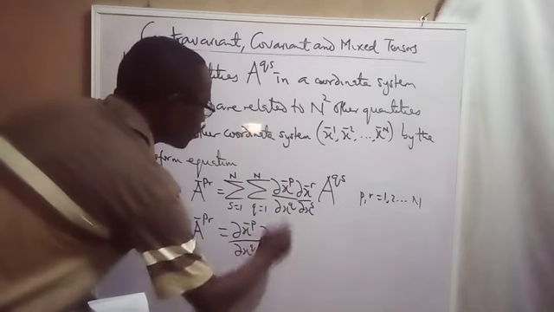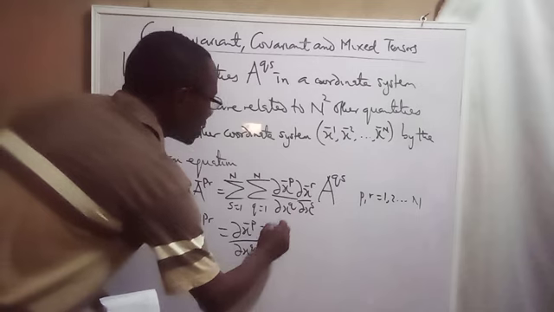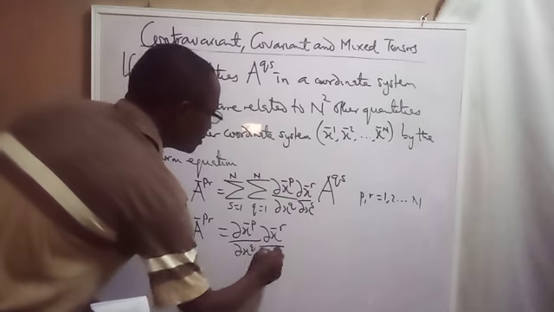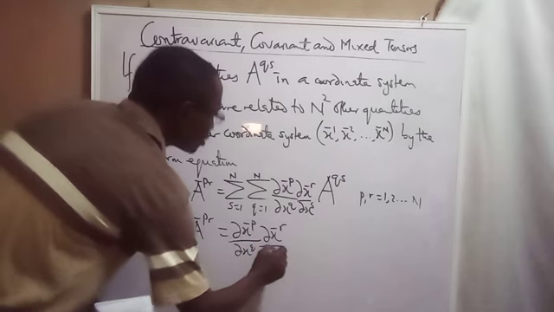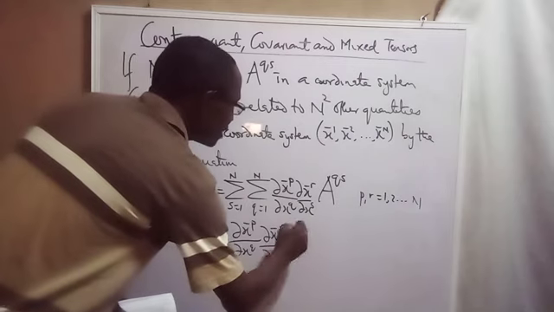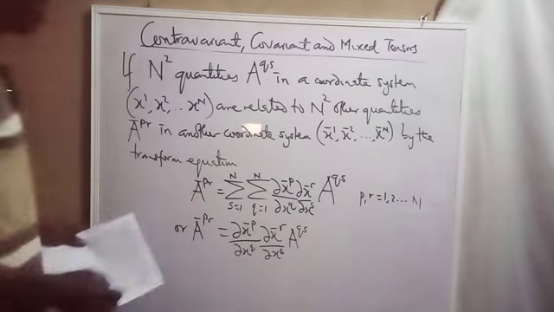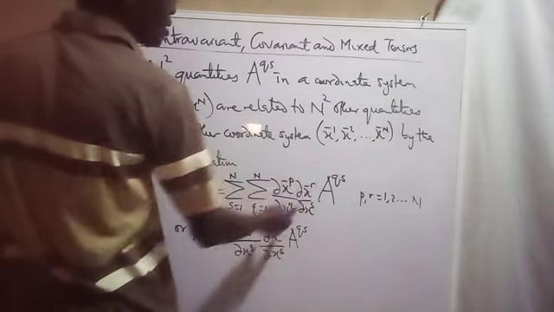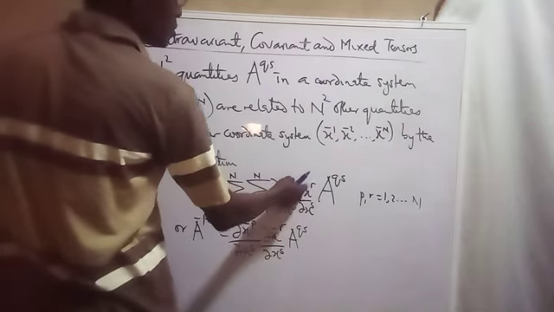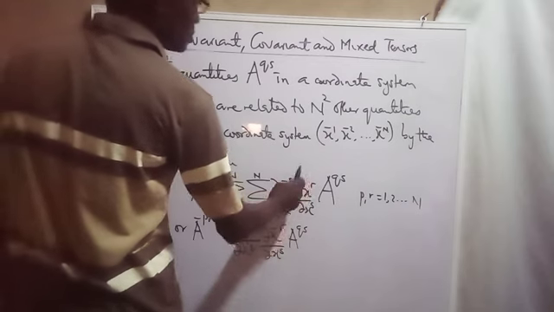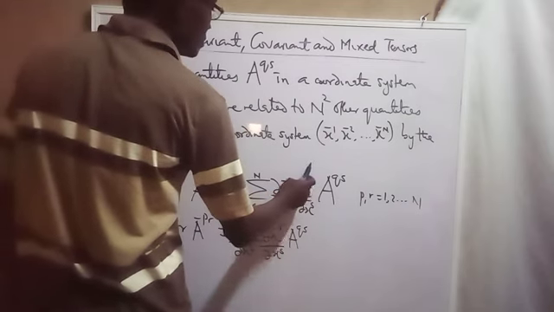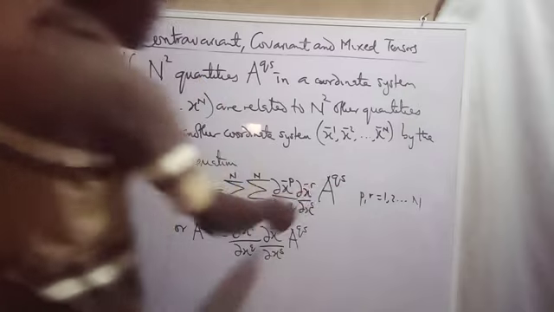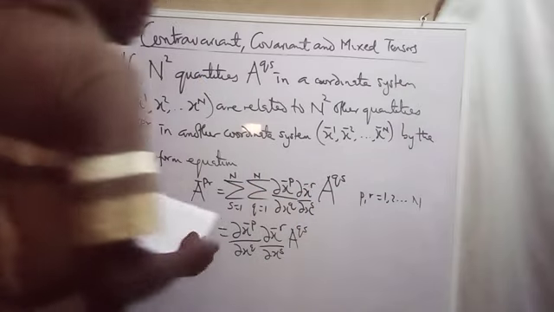Take note of how those indices are written so that you do not run into trouble. You observe that they are written consecutively. When I pick P, I pick Q. When I pick R, it's bar, and I pick S as the one under it.